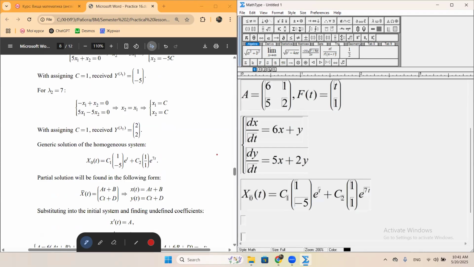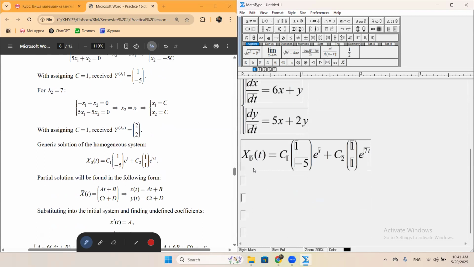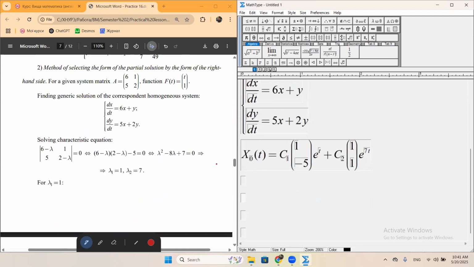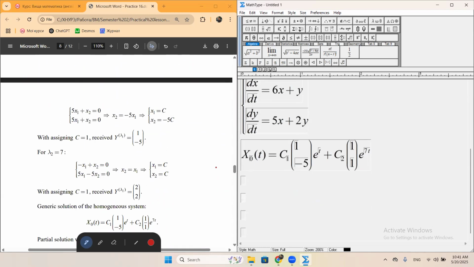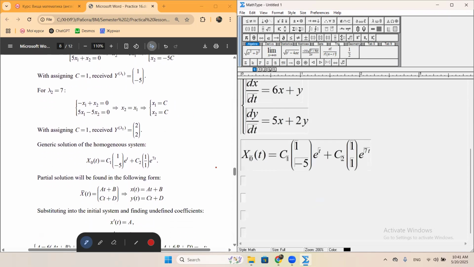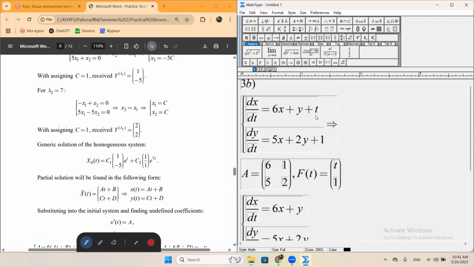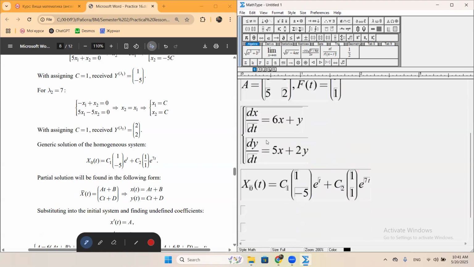So again, we know that the control numbers of the right part are 0 for both of them, in the homogeneous coefficients, so here 0 and 0, because e to the power of 0.